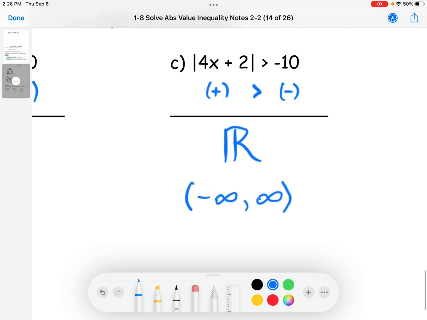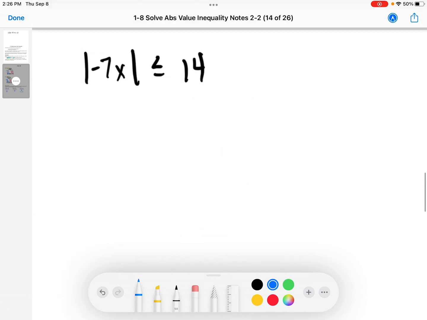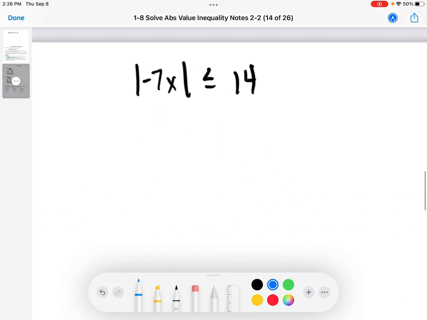So as you're working on these problems, don't forget the rules for how you would solve an inequality. Don't forget about those situations that change when you're doing an inequality versus when you're doing an equation. One thing I want to point out in particular is when you get to this problem right here. This is problem number 2 on your homework assignment.